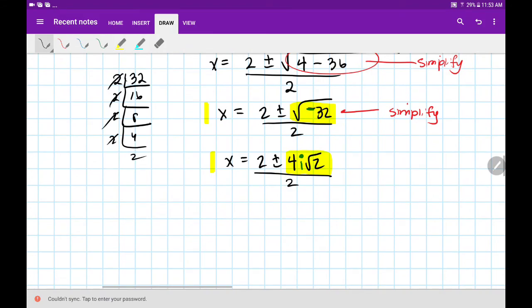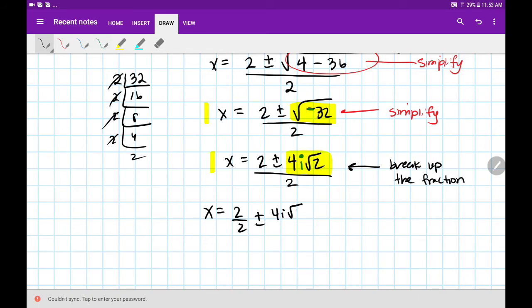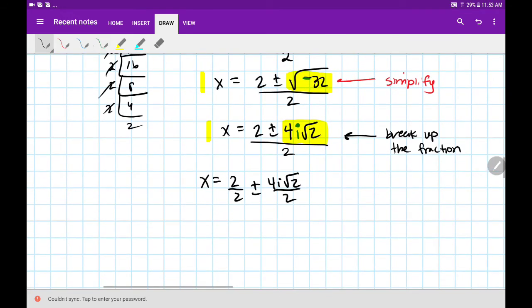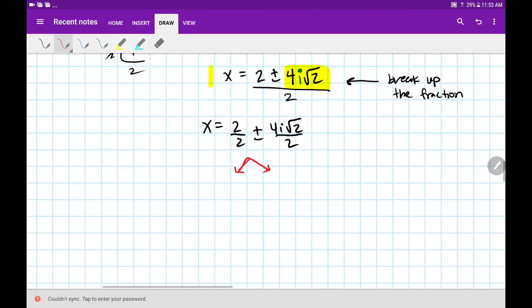All right, we're almost done. We're not allowed to leave it like this. We're going to simplify our fraction by breaking up the fraction in the last step. So I've got x equals 2 over 2 plus or minus 4i root 2 over 2. Now keep in mind, this plus or minus just means I've got 2 different possible answers.